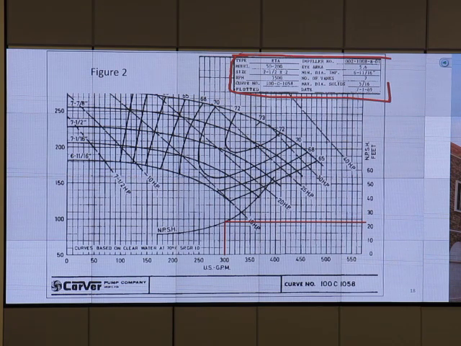If you're ordering a pump that's a significant cost and is really critical to your system, you need to request a certified curve from the manufacturer. And they will run tests on your pump under your conditions and give you a set of curves that fits the pump you're buying.